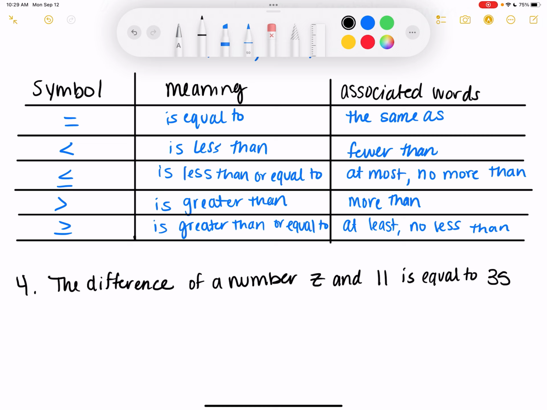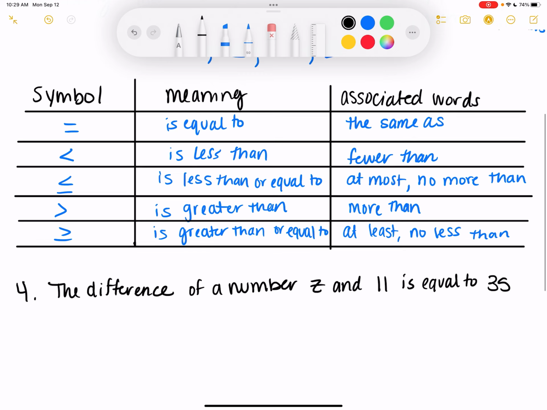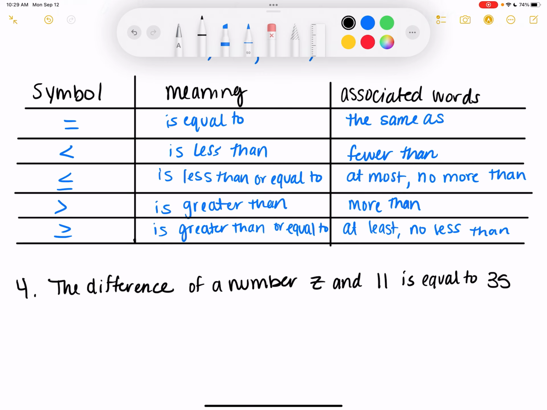So what operation are we using, and then what symbol, like inequality or equality, are we using with this one?